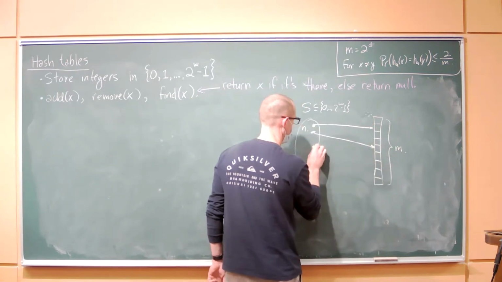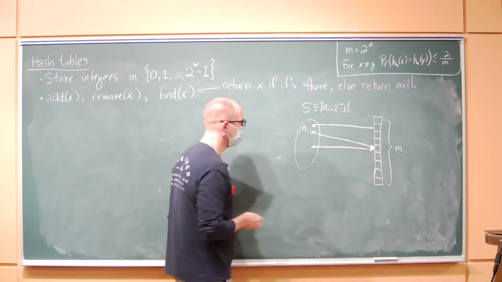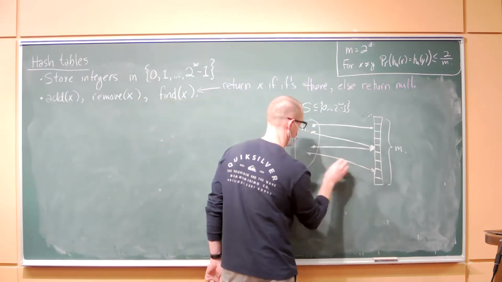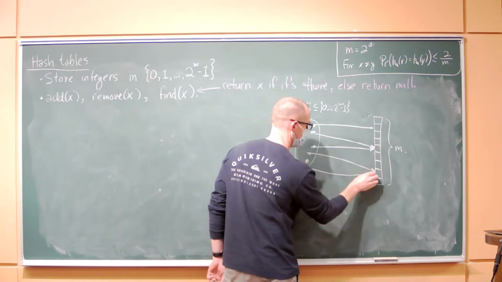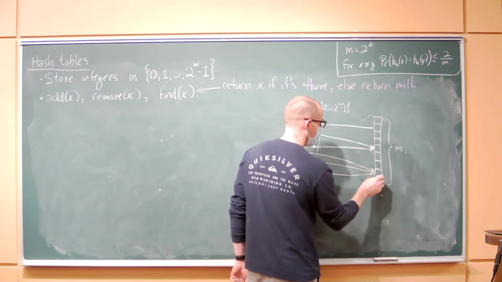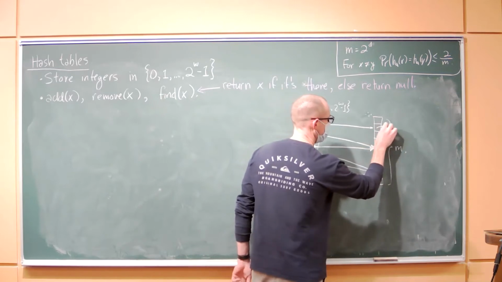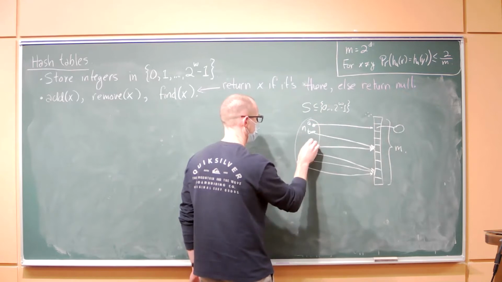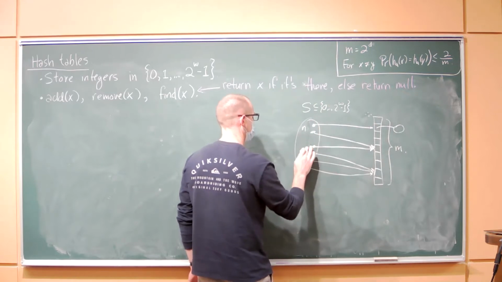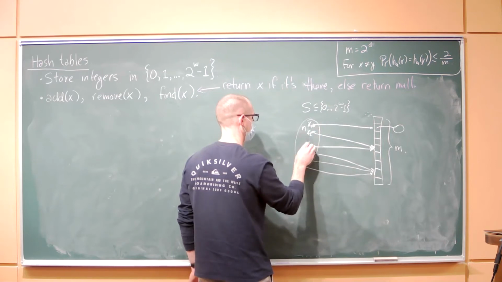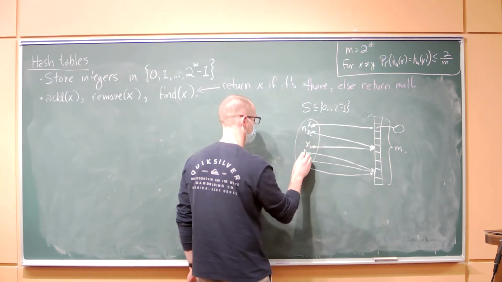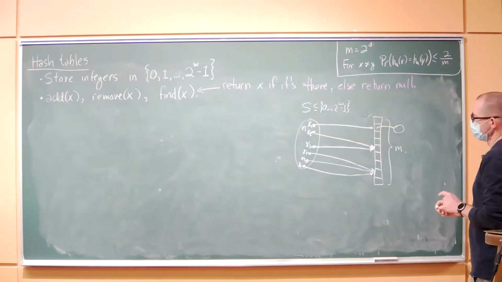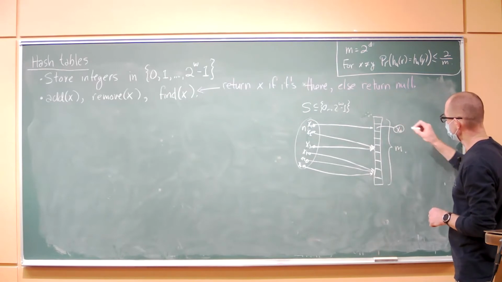Right? So everything in my set will use this hash function to pick a slot in the table. And, well, sometimes it will happen that two or more elements pick the same slot. The elements that pick the same slot, let's say x1, x2, x3, x4, go into, let's say, a linked list.